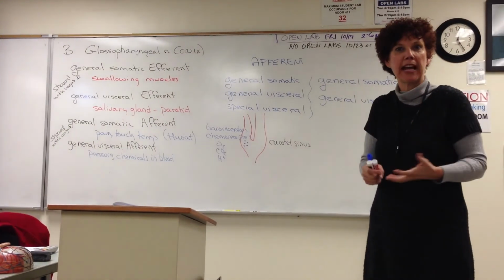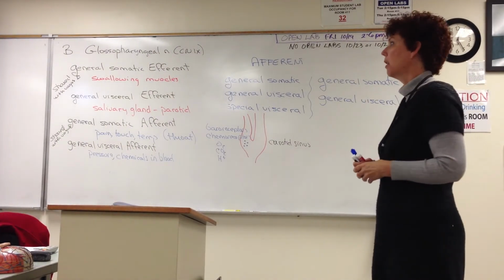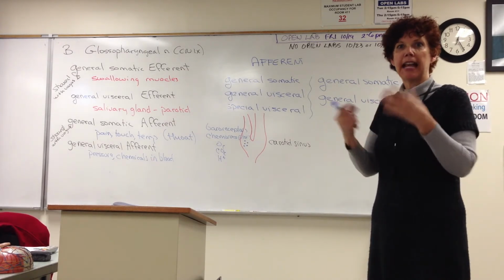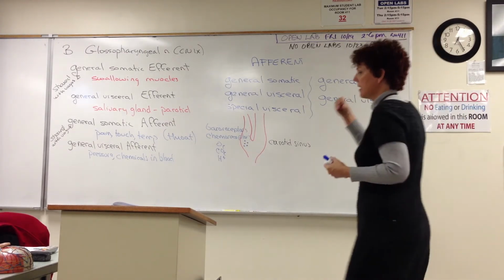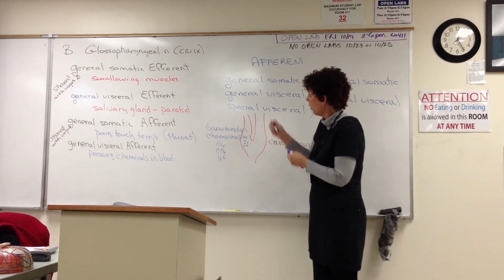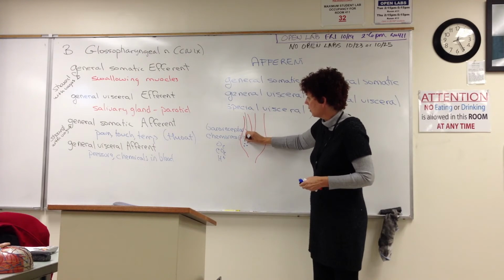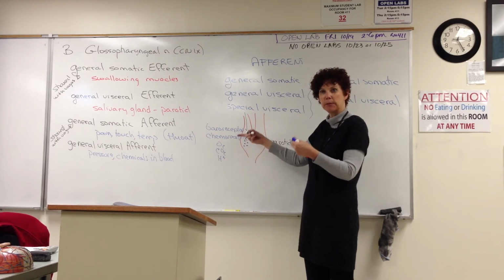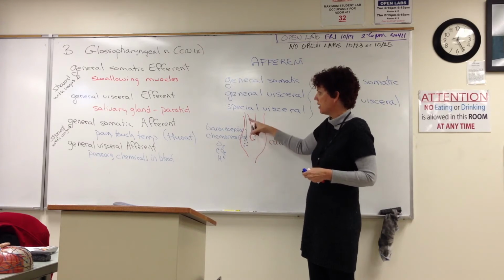So the heart rate moves faster, the blood vessels will dilate a little bit to get more oxygenated blood out to the tissues. So that's a reflex. The glossopharyngeal nerve will be activated by increases or decreases. So it'll send more or fewer action potentials based on these changes.